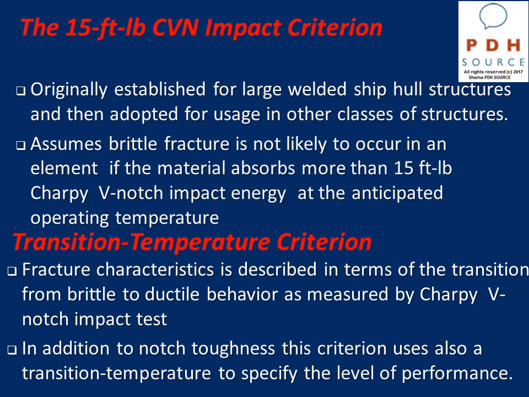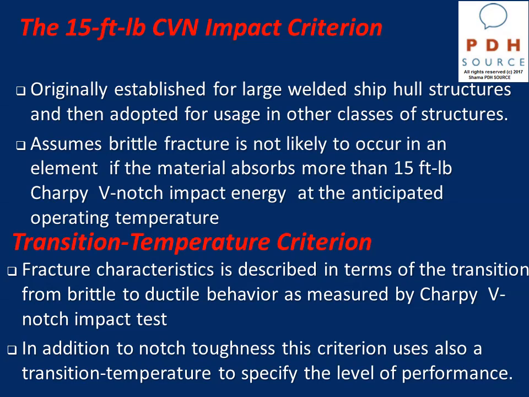It assumes that brittle fracture will never occur if the material of the member has a sharp V-notch impact energy of more than 15 foot-pound at the operating temperature. So simply it is based on one parameter.